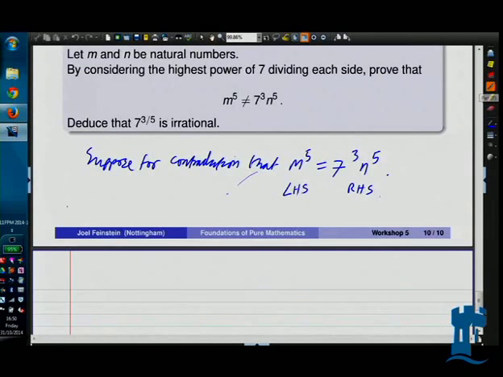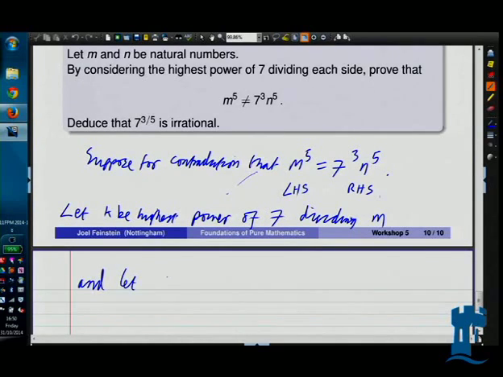So let K be the highest power of 7 dividing M. And let L be the highest power of 7 dividing N.